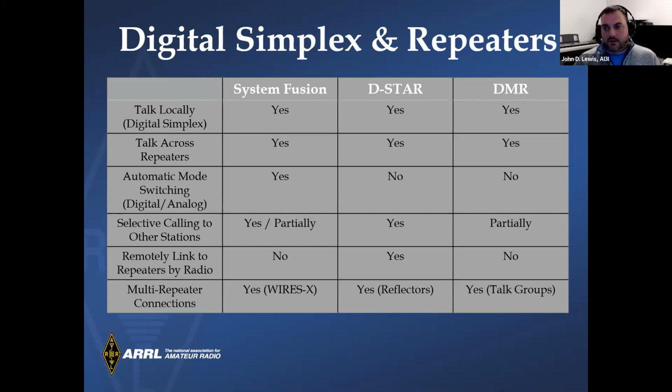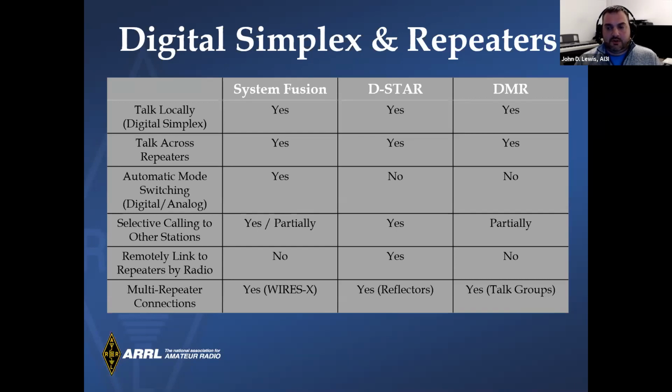D-Star, there are D-Star repeaters. They've mostly been phased out in terms of not being commercially sold right now, but you can use third-party software and your own hardware to make your own D-Star repeater. You can actually do that with Fusion and DMR as well. And of course, yes, there are DMR repeaters. They're very plentiful because they are very much in the commercial world and industrial sector. So you can get them for a song on eBay too.